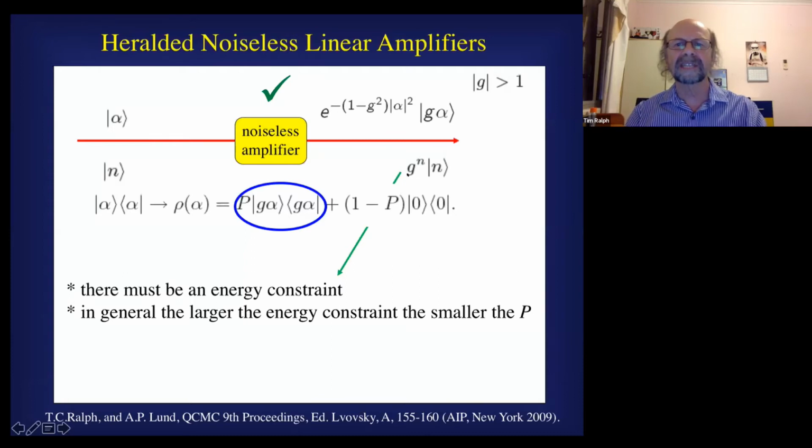their Fock state coefficients, which get amplified by this g to the n value. But because of this, there must be an energy constraint on the alphabet that can be faithfully amplified because g to the n is unbounded. And in general, it turns out that the larger your energy constraint, the smaller the value of the probability of success.